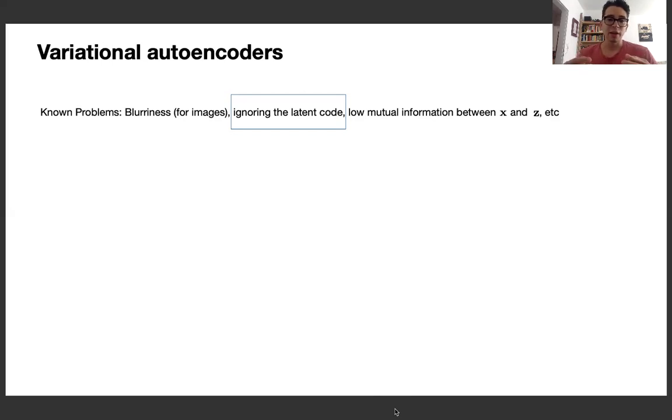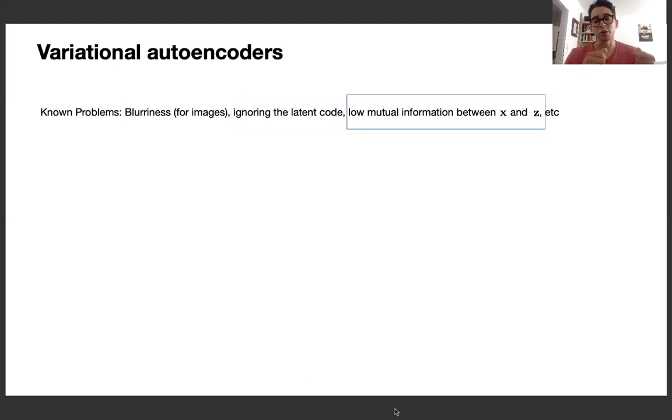Since the decoder in this case is autoregressive, the decoder is capable of completely ignoring the latent code. Ask me about this if you're curious. People usually say this problem of ignoring the latent code is related to low mutual information between the data and the code, and people also relate this to the question of disentangled representations. But discussing disentangled representations will be yet another lecture.